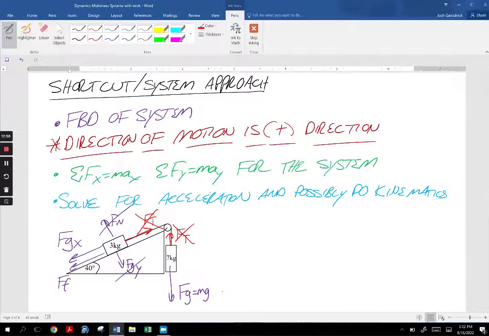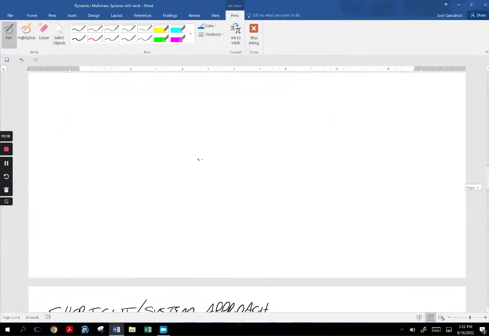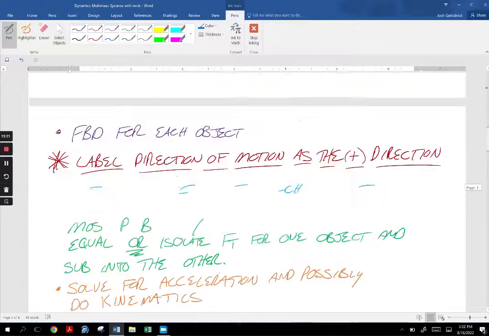Now all we do is the sum of the forces for the system. We already did the forces in the Y before. For the mass on the incline, we got that the normal force was equal to, I'm so sorry, I didn't write it down.